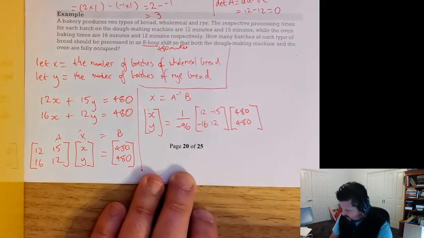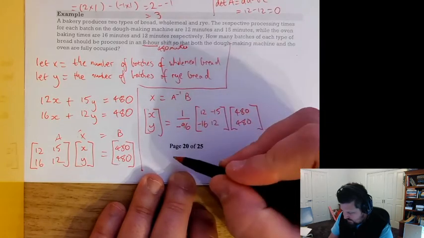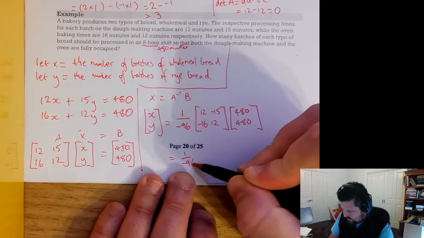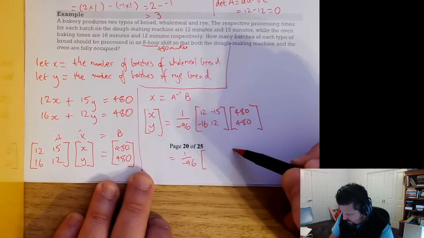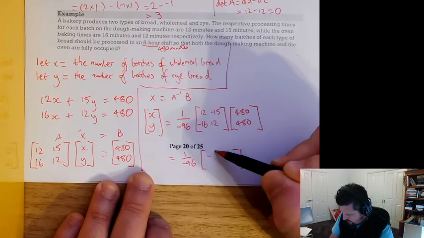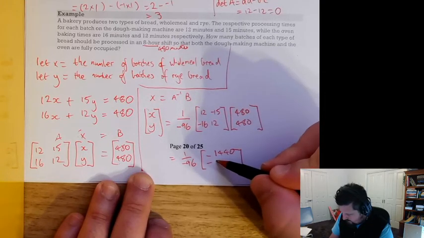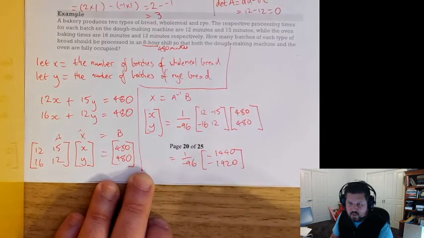Perfect. We can now simplify things down, multiply these two matrices together. You'd end up with 1 over negative 96. These two multiplied together gives us the following. So that's negative 1,440, and this one here is negative 1,920.